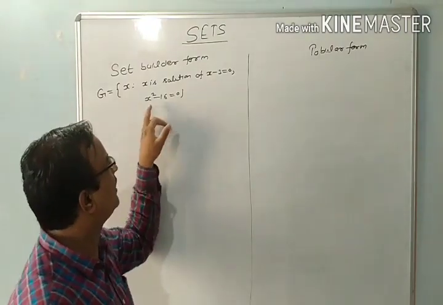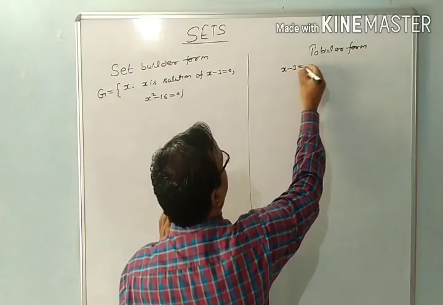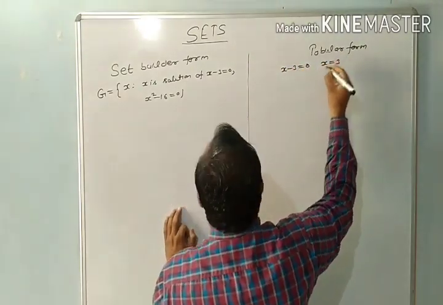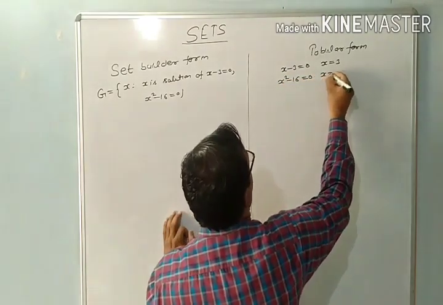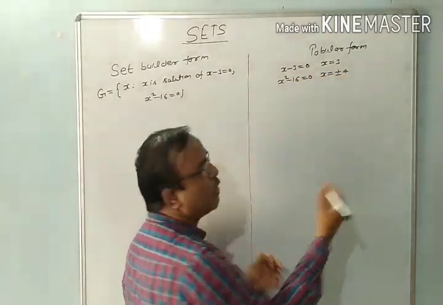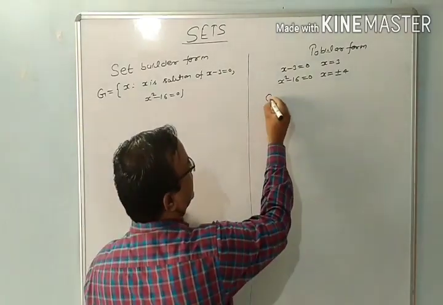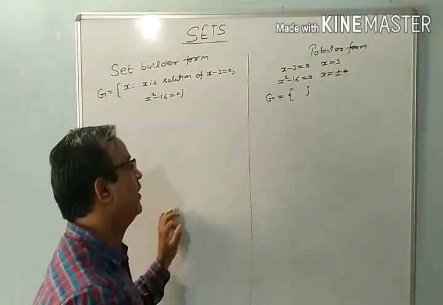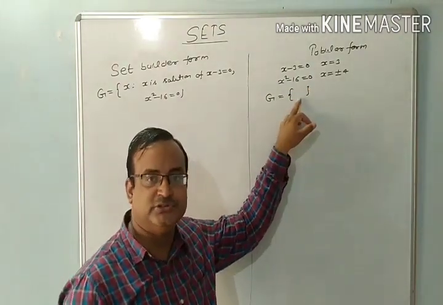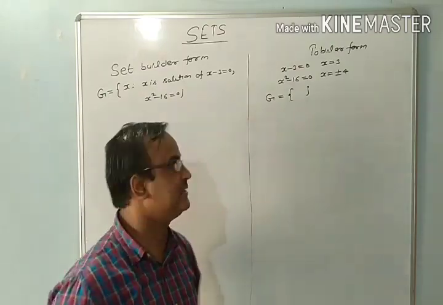When we solve both equations, from x minus 3 is equal to 0 it is clear x is equal to 3. And if we write x square minus 16 is equal to 0, we will get plus minus 4. There is no common value. That means this set G has no element. So we write no element. This set G has no element, so we will write only braces.